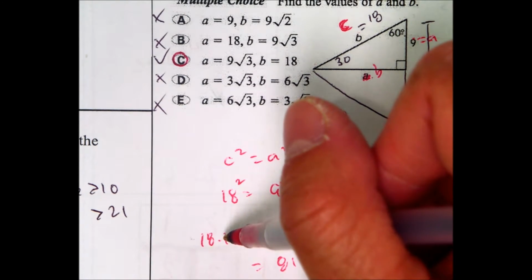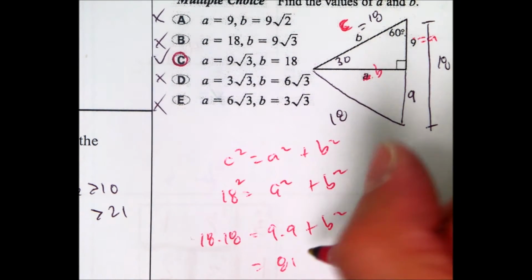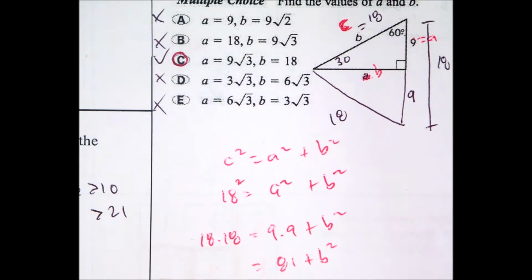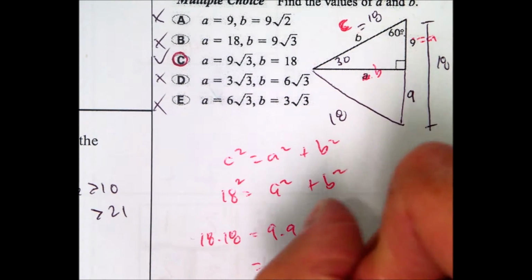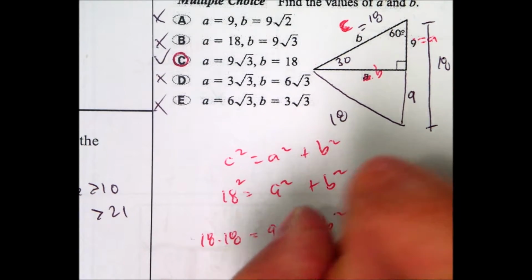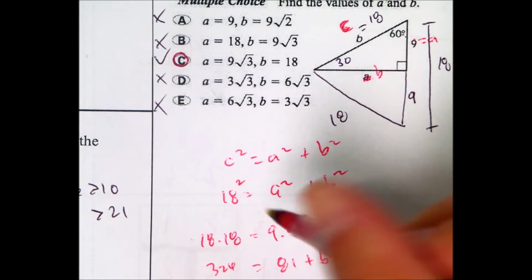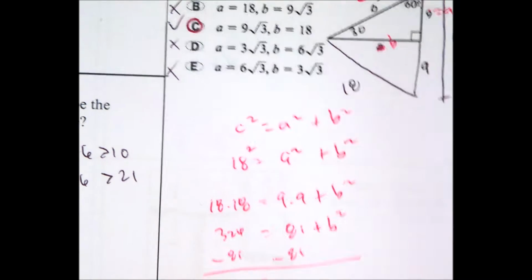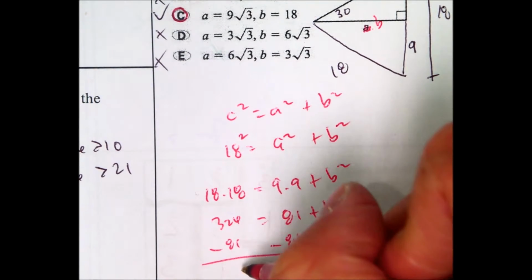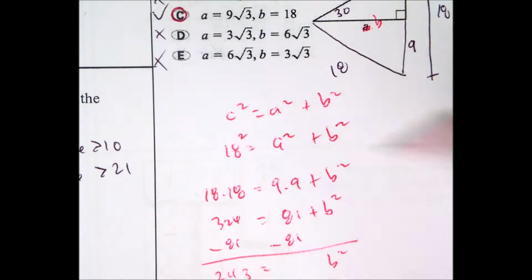18 squared is how much? 324? Anyone? Calculator? 18 squared. Subtract 81 from that 324. B squared equals 243.